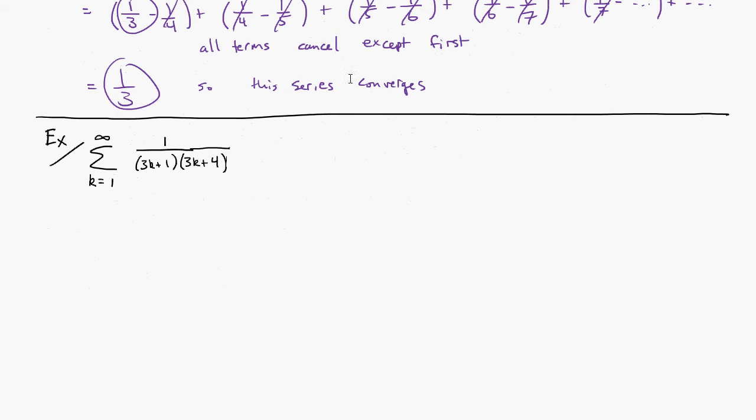So we want to write it in the previous form. We want to rewrite it in the form a over 3k plus 1 plus b over 3k plus 4 using partial fraction decomposition.